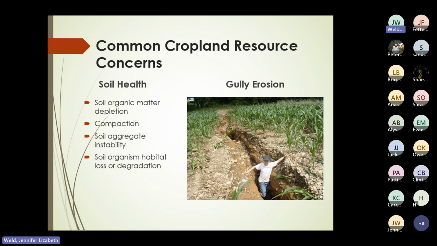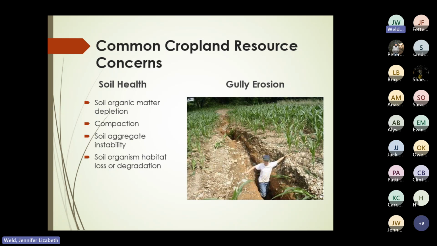And as we have aggregate instability, we also lose the habitat and the food necessary to feed the microorganisms, specifically fungi. They are much more fragile than bacteria, and they're more susceptible to degradation of soil health and depletion of soil organic matter. So as we think about some of the practices and how we're going to balance those, soil health is a resource concern.